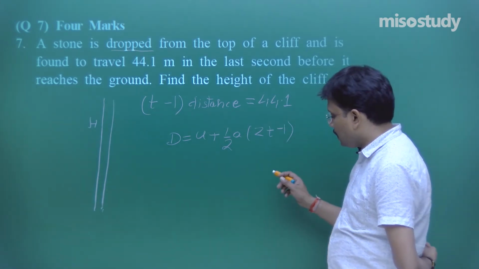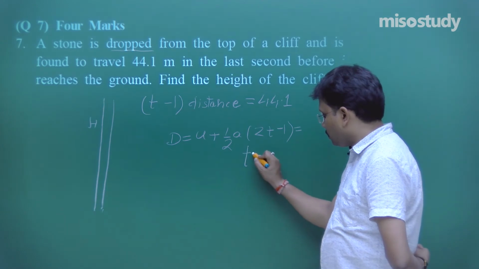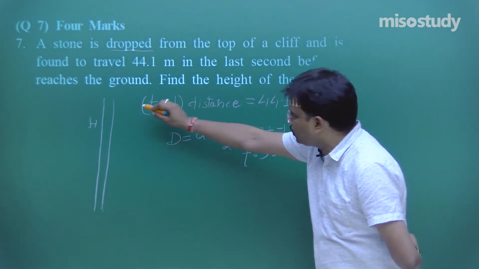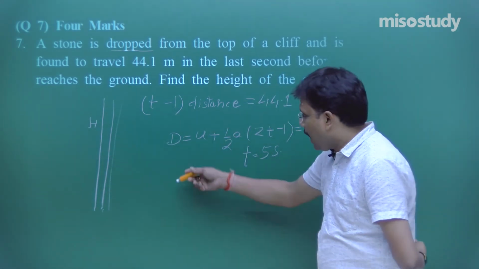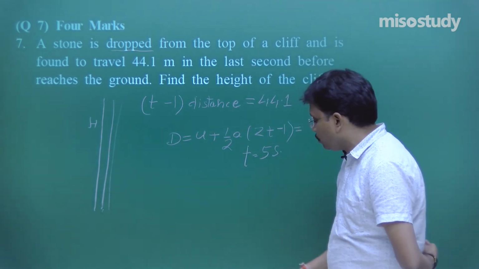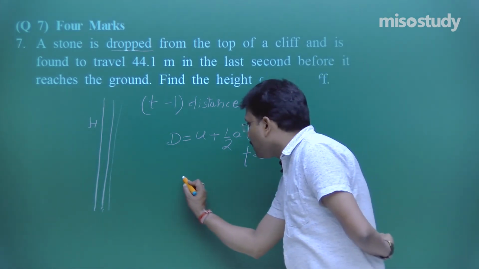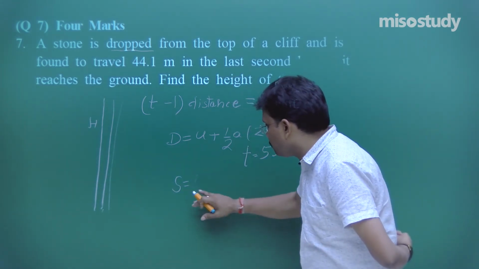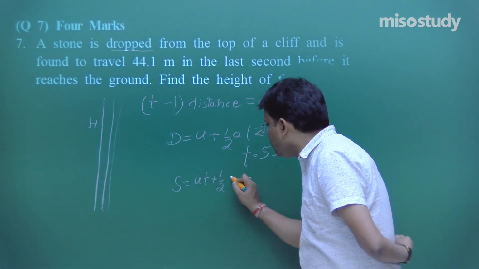Here you can use that the total time is t equal to 5 seconds. By this method you can get the total time. Total time means from here to here. Then if the total time is known to you, it is very simple: s is equal to ut plus half a t square.